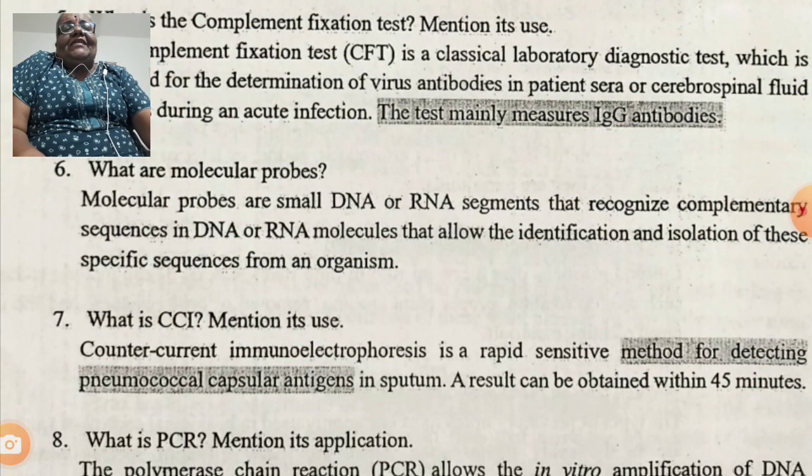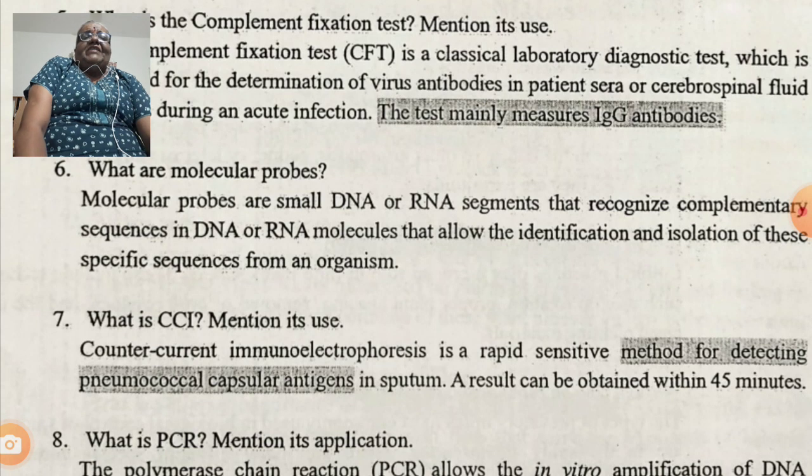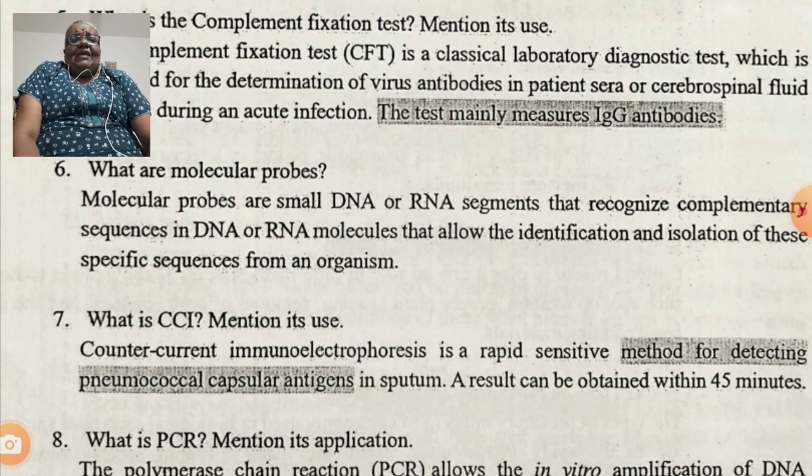This is not a technique, but often we use these small segments of DNA or RNA, which are complementary sequences in DNA or RNA molecules that allow the identification and isolation of specific sequences from an organism. So these are molecular probes, and some molecular probes are readily available in laboratories.